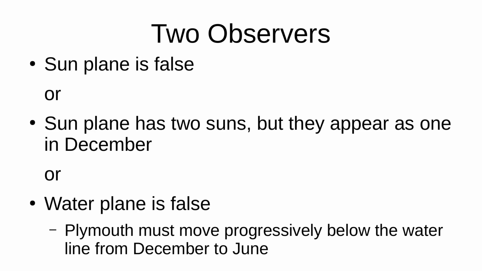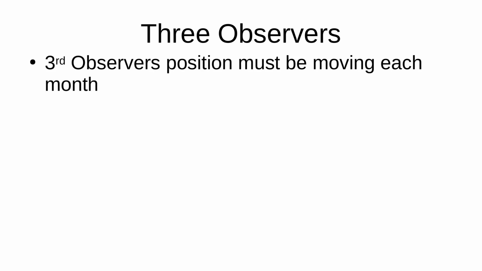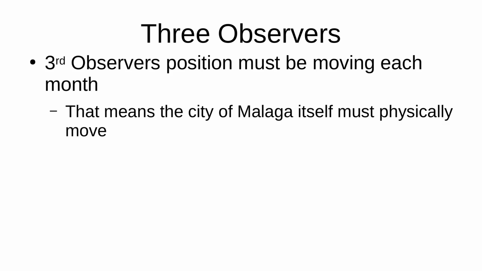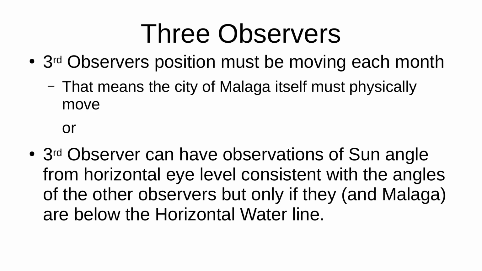Having discarded the sun plane hypothesis, we added a 3rd observer, but in order for that to hold true, Malaga had to physically move about on the water level plane each month. However, we did find a point for Malaga in which the angles of all 3 observers could triangulate a single sun, but that placed one of them below the water level line, thus falsifying the water level hypothesis.